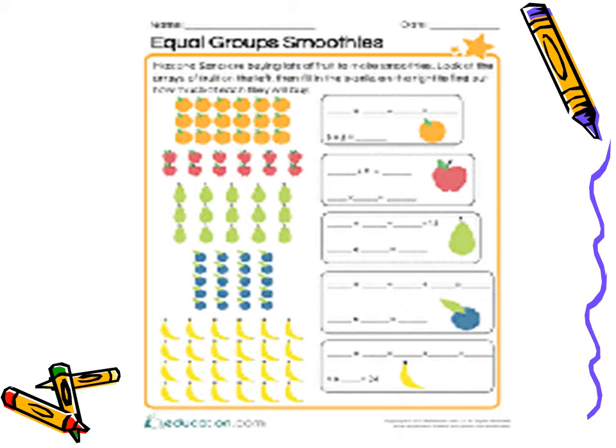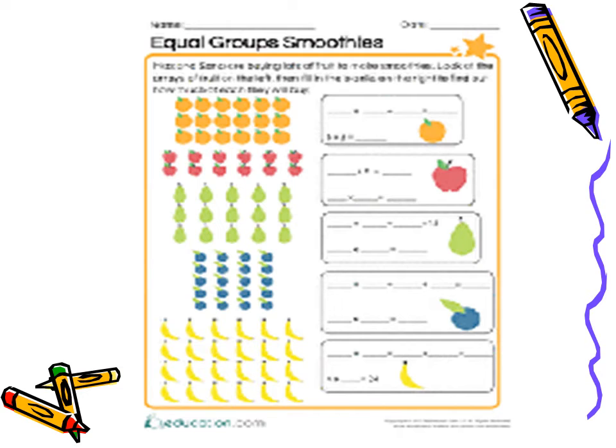Let us now count the third picture, which is pear. The green color pear. In the first row we have 1, 2, 3, 4 and 5. 5 pears in the first row. Similarly, we have 5 pears in the second row and 5 pears in the third row.